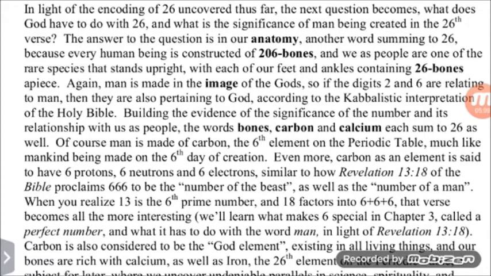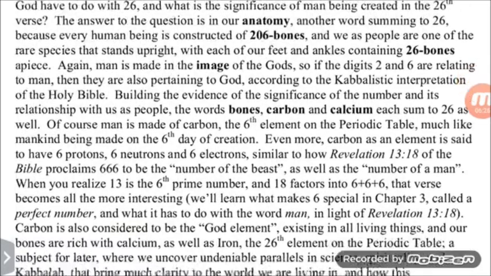When you realize 13 is the 6th prime number and 18 factors into 6 plus 6 plus 6, that verse becomes all the more interesting. We'll learn what makes 6 special in chapter 3, called a perfect number, and what it has to do with the word man in light of Revelation 13:18.